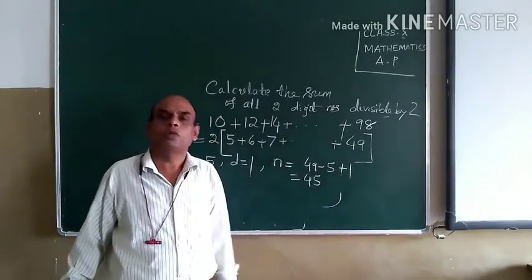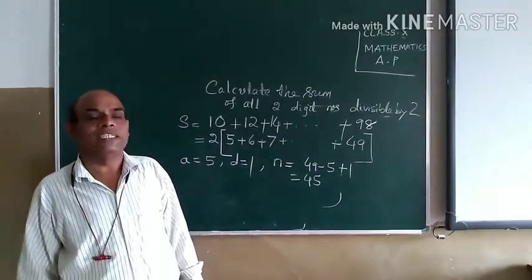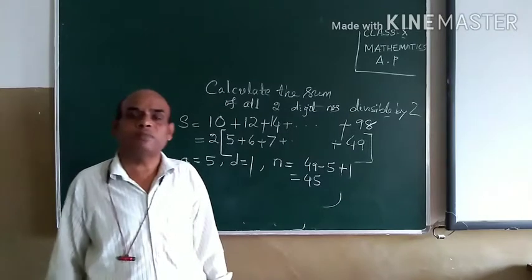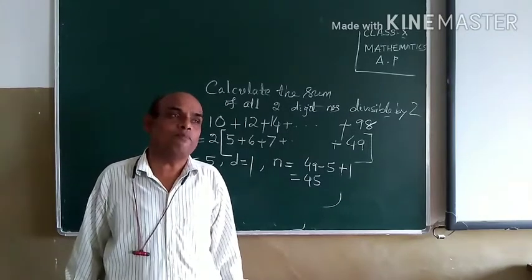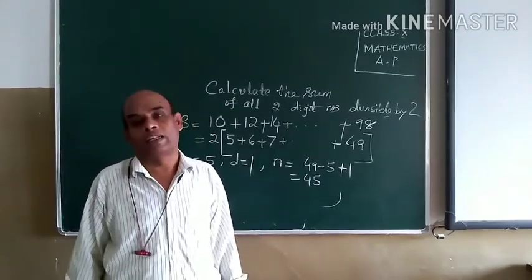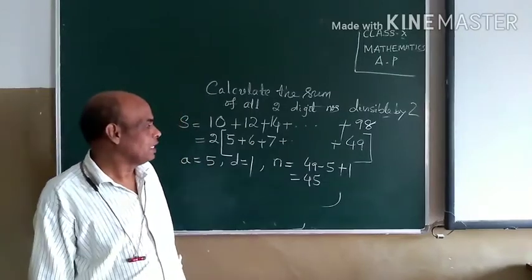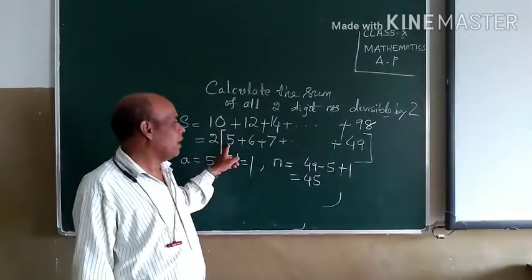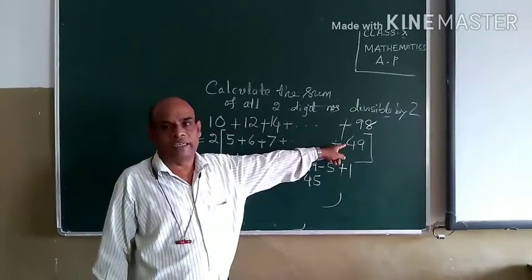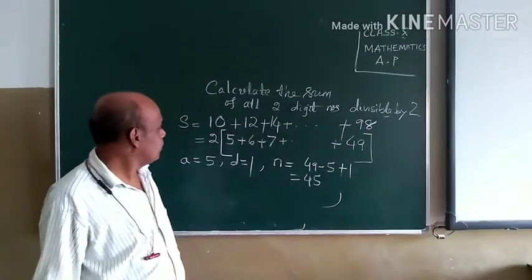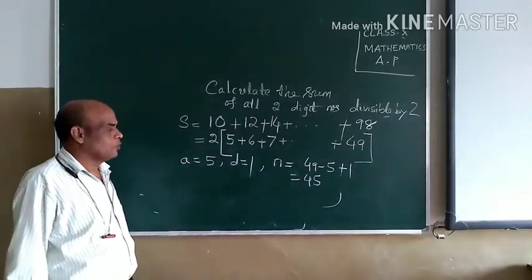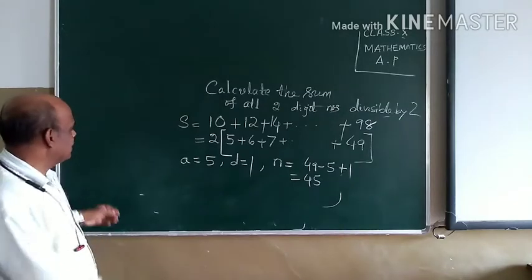Suppose I ask you, 2 to 5, how many terms? You are saying 5 minus 2 plus 1, which means 4 terms. Like that, starting is 5, ending is 49, so the number of terms is 45.